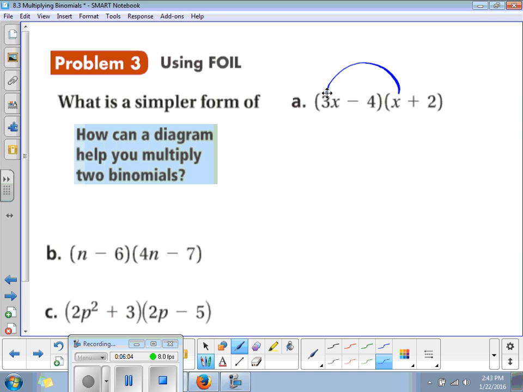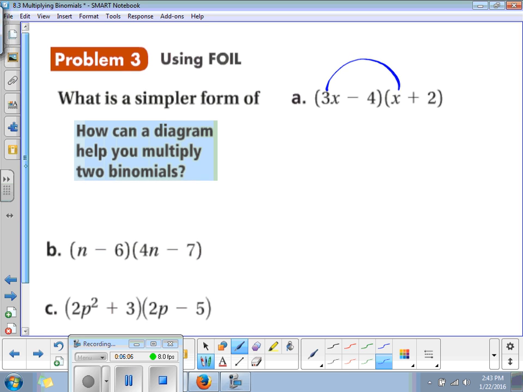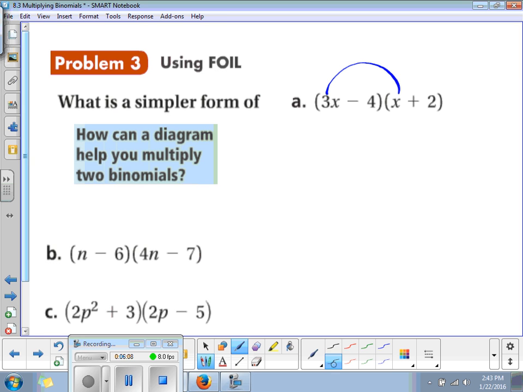So 3x times x is 3x squared. That's the first. Outer: 3x times 2, those are the ones on the outside, so that's going to be plus 6x.